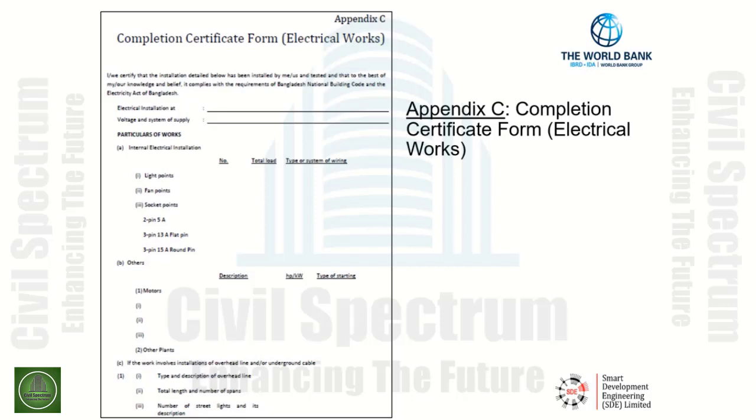Item B, the applicant must provide the description, horsepower or kilowatt, and type of starting of various motors.